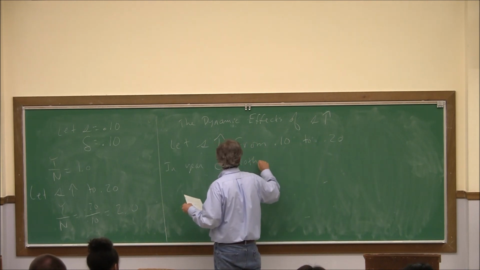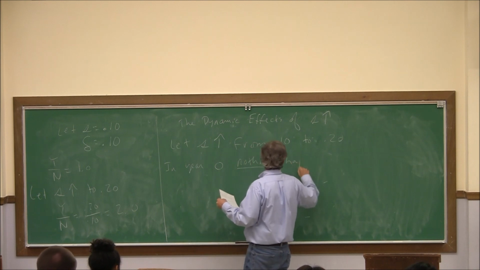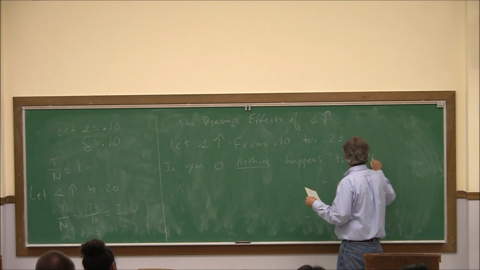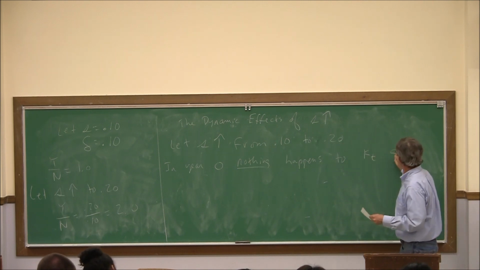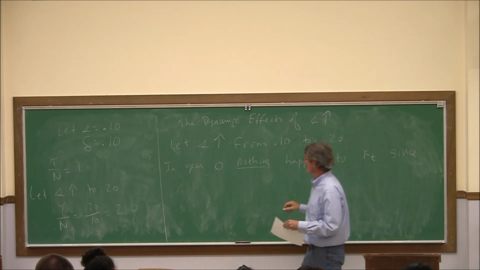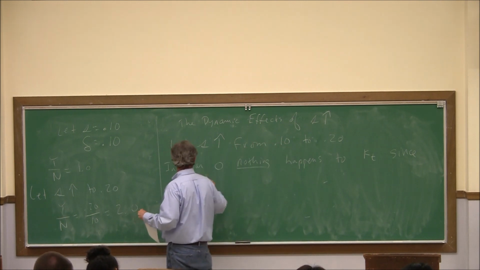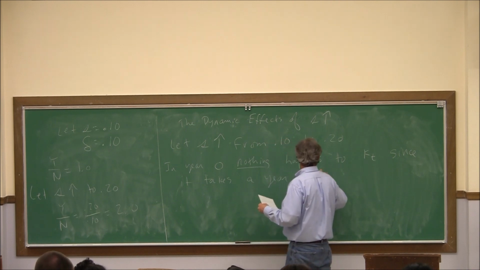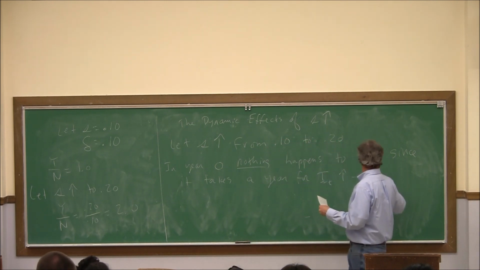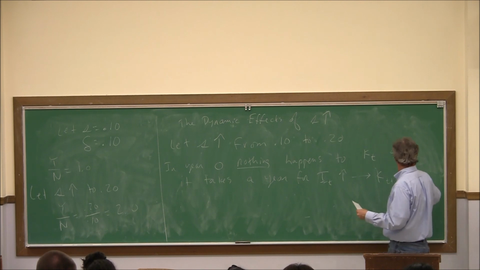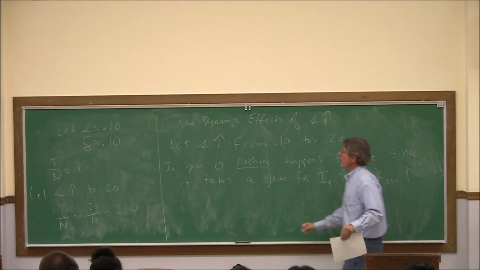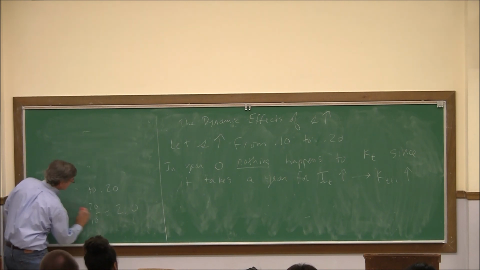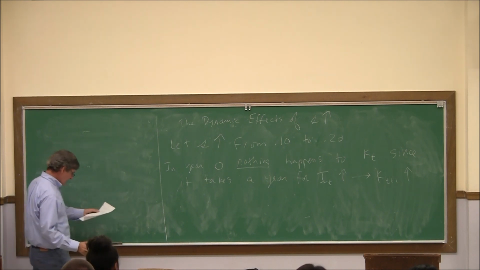Nothing happens to capital, since it takes a year for an increase in investment to cause capital to go up. Remember our equation that we're going to use right now.